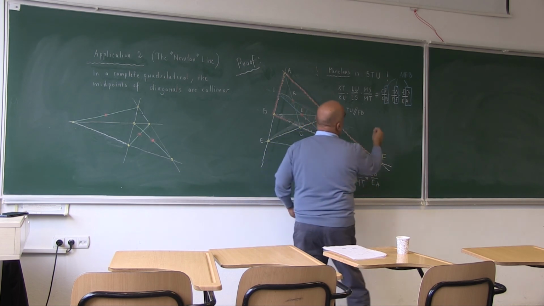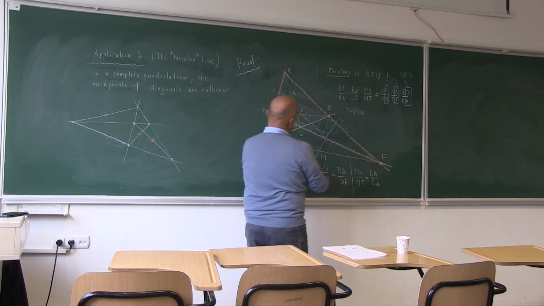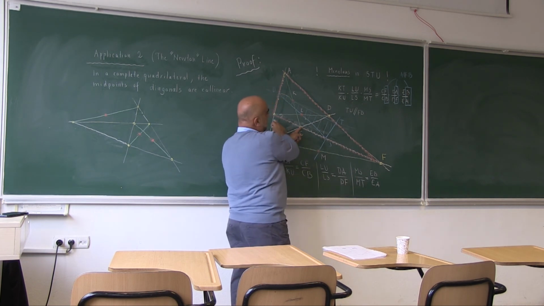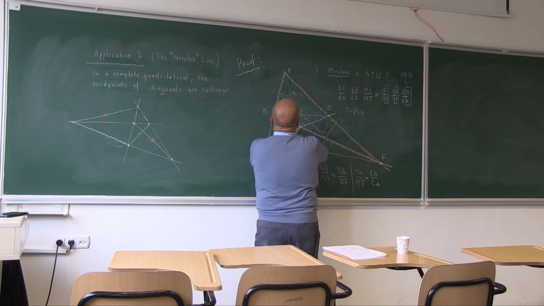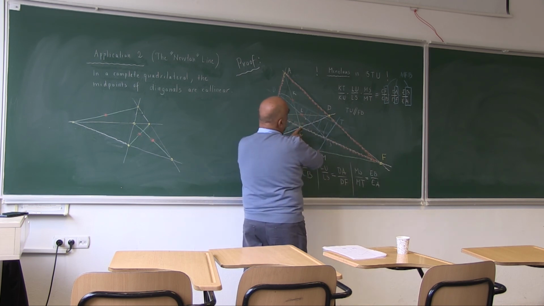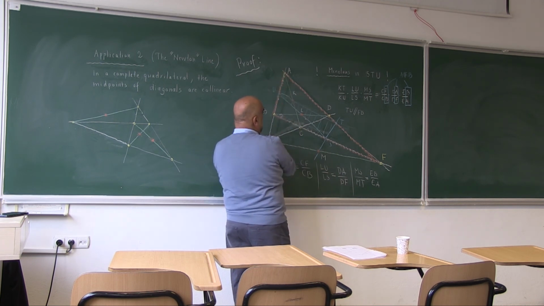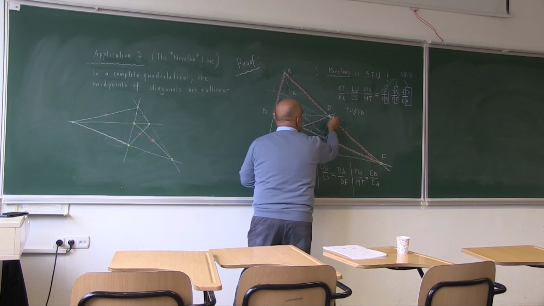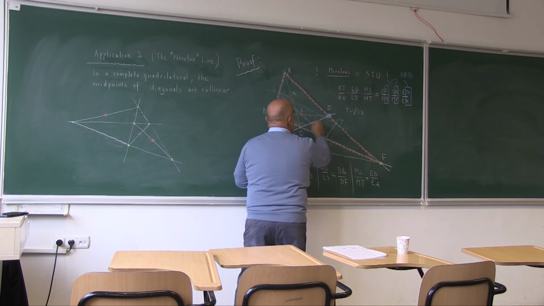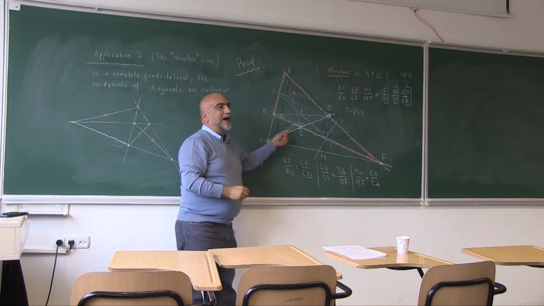You are looking at the points C, D, E. Where are they? C is on the side BF, D is on the side FA, and finally, E is on the side AB. Moreover, these 3 points D, C, and E are on the same line.